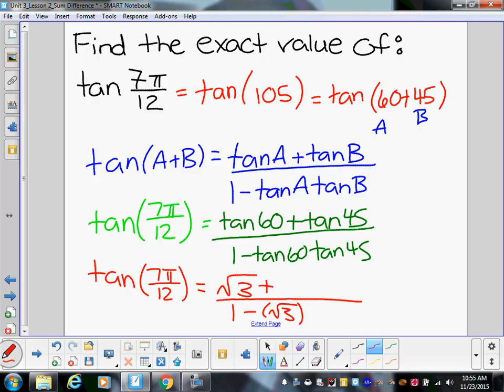And the tangent of 45 is 1. So again, unit circle or special right triangle, whichever one you are mastering. Either the unit circle or the special right triangles is how you get tangent of 60 and tangent of 45.